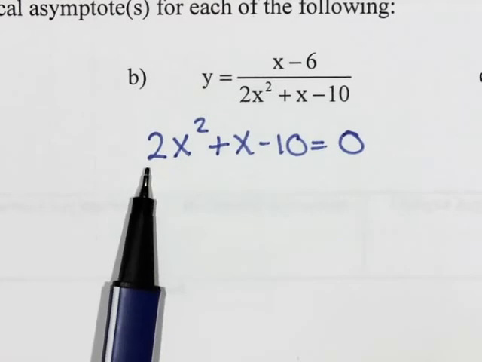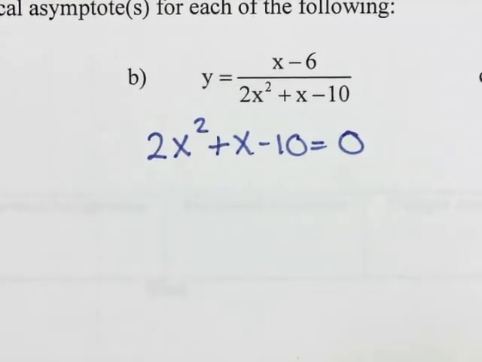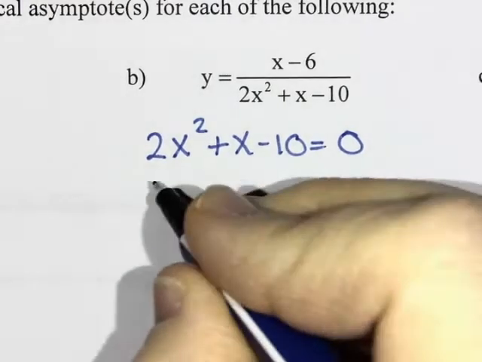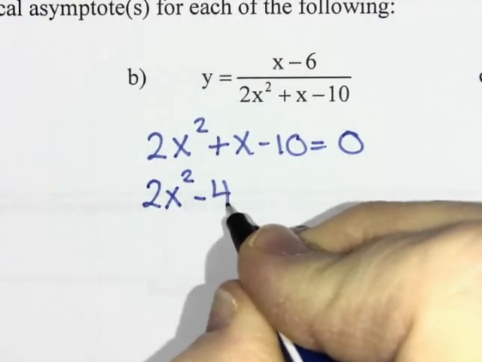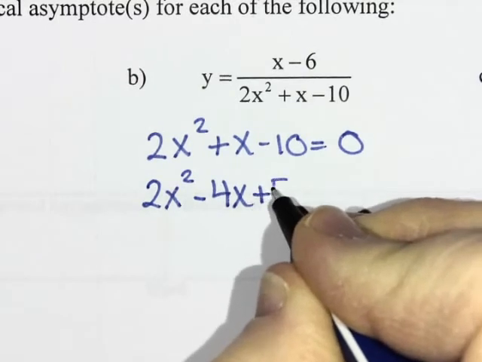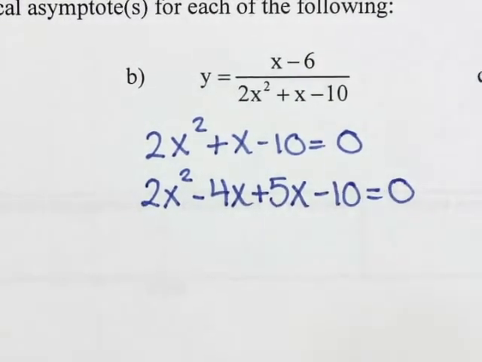So I'm looking for two numbers that multiply to negative 20 and add to 1. So 20 and 1, not going to work. 10 and 2, not going to work. 4 and 5, I think that would do it. So 2x squared minus 4x plus 5x minus 10 equals 0.